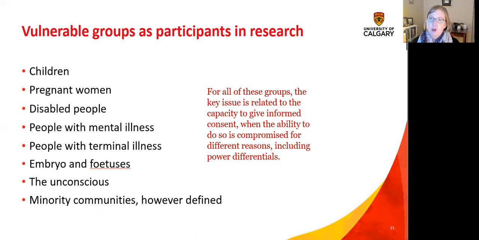So you have to do more work the more vulnerable the population is. And so whenever you are part of research, you'll probably see some provisions built in to make sure that if you're working with people who are experiencing vulnerability, you're providing a lot of support and very, very careful about consent.